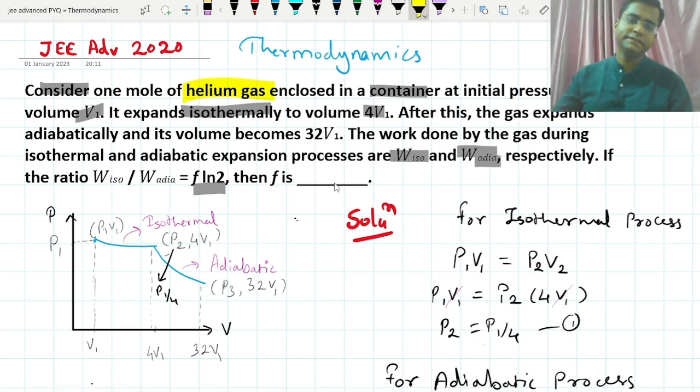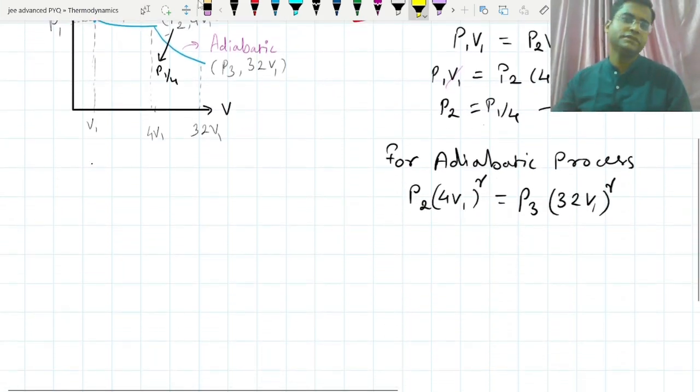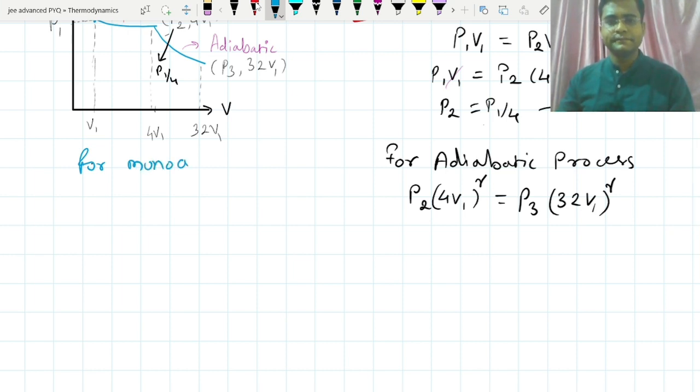Helium is a monoatomic gas, all of you know this. For a monoatomic gas, what is the degree of freedom, everyone? Tell me. For a monoatomic gas you can think of a single particle. It can move in all three directions, x, y, z.